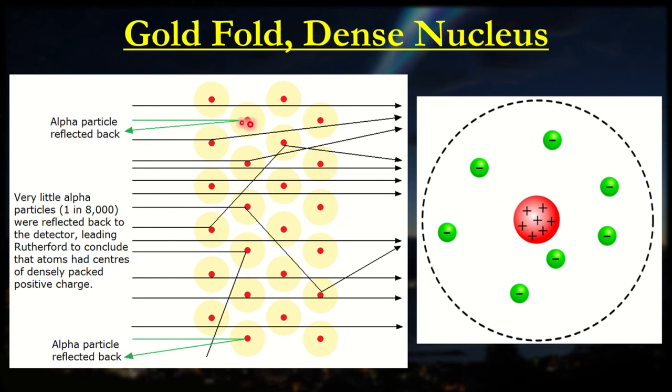Given the fact that there was deflection, he basically inferred that the center, the nucleus, was densely packed with positive charges, which he later called protons, and that the electrons were just in this sea outside, going in circular motion. Now there's a very obvious limitation of this model, which we'll get into. I wonder if you can figure it out yourself. If you have a moving charge, what other thing could we generate?